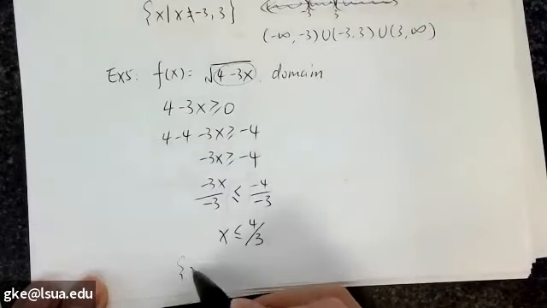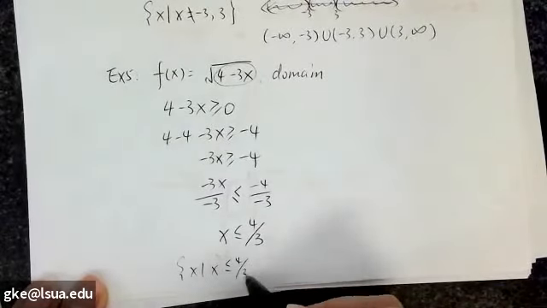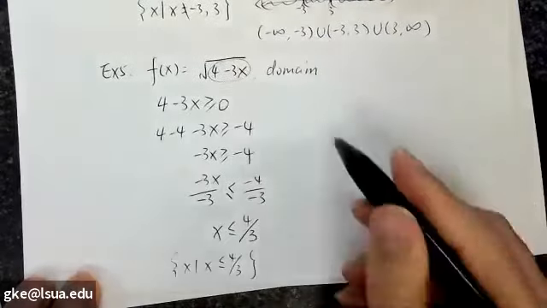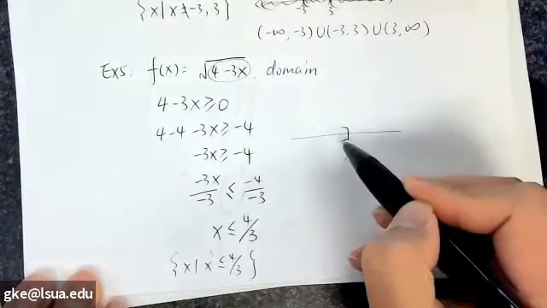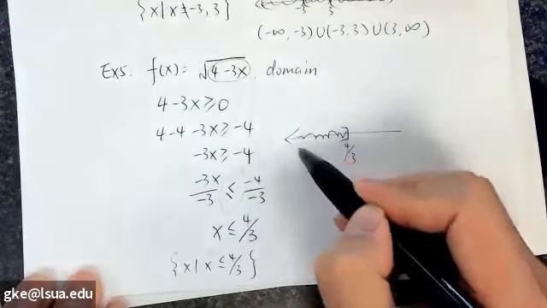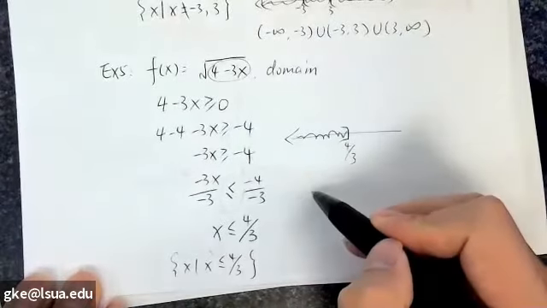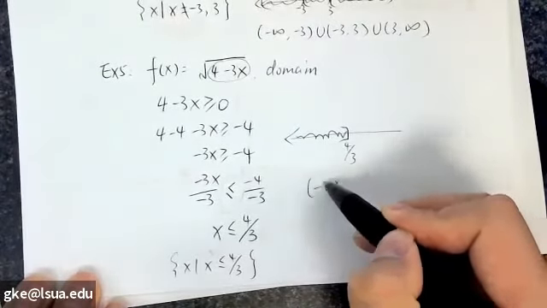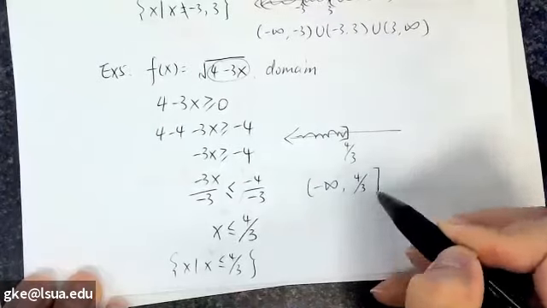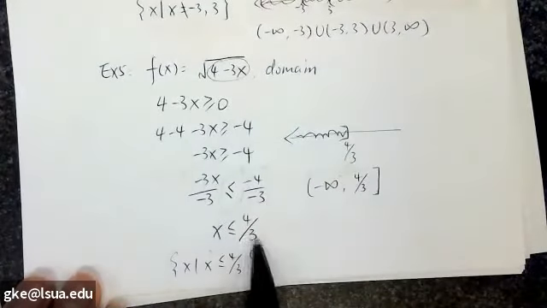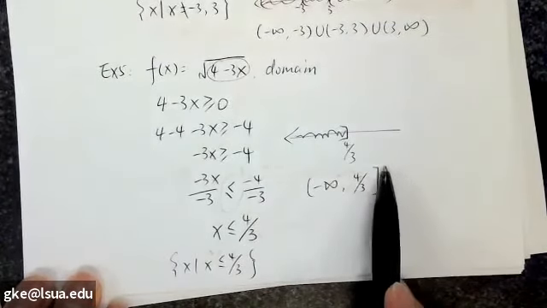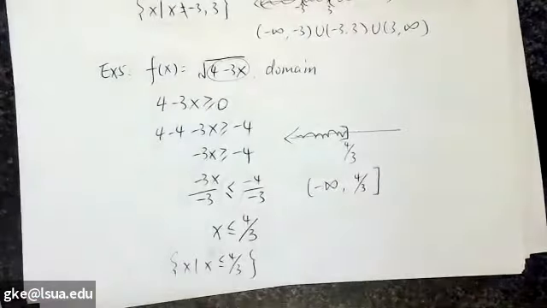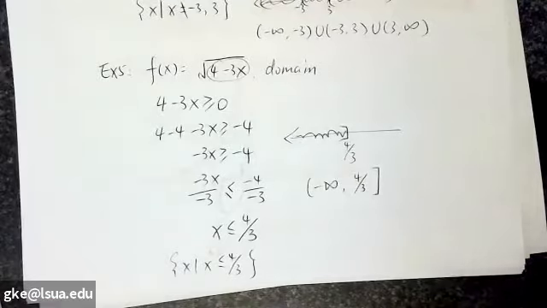We get this set, and the interval should be like that. Because 4 over 3 is included, we're gonna use the square bracket. Now I want you to try another one by yourself.